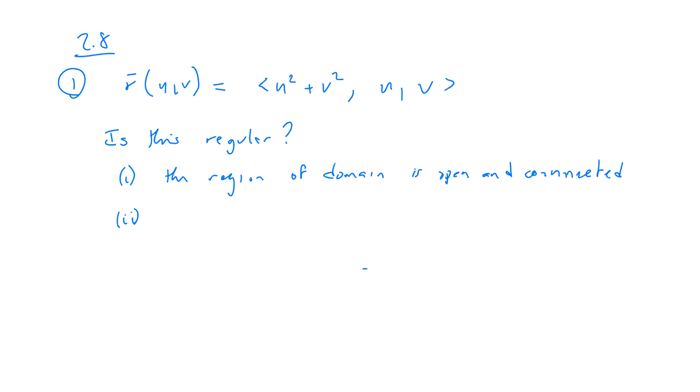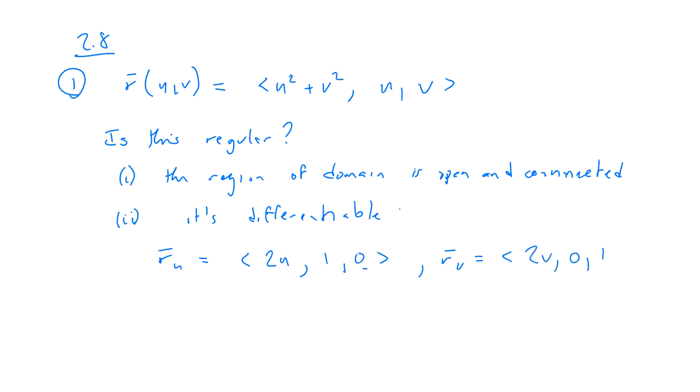The second one is we need the derivative to be nice, so we need it to be differentiable. So we take the two partial derivatives, and again, we need those to be defined on all of the space we're looking at.